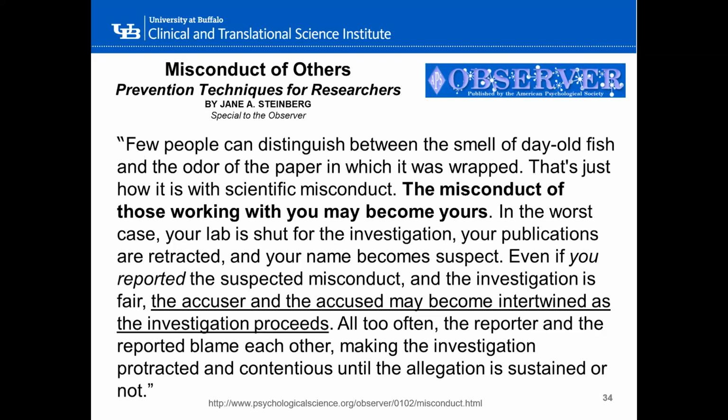In the worst case, your lab is shut for investigation, your publications are retracted, your name becomes suspect even if you reported the suspected misconduct and the investigation is fair. The accuser and the accused may become intertwined as the investigation proceeds, and all too often the reporter and the reported blame each other, making the investigation protracted and contentious until the allegation is sustained or not.